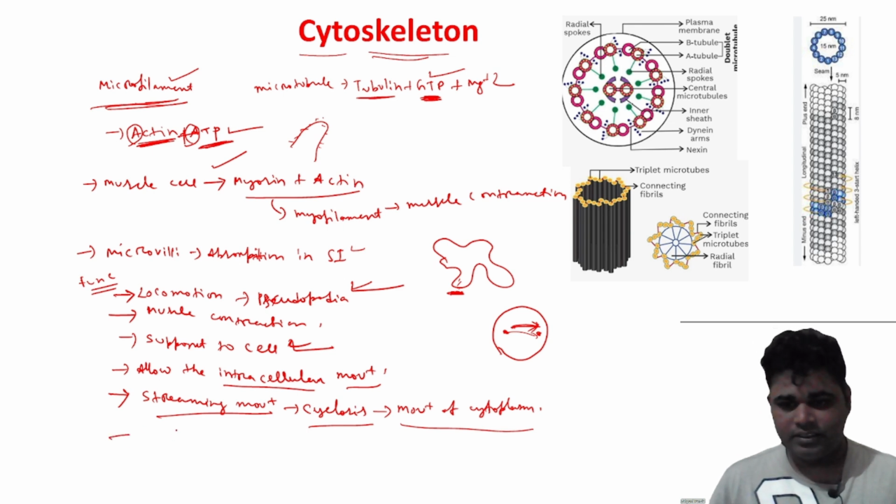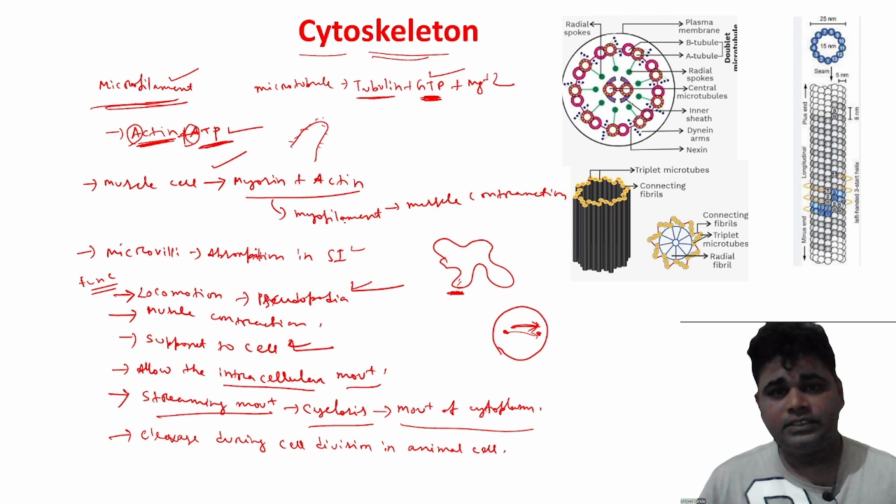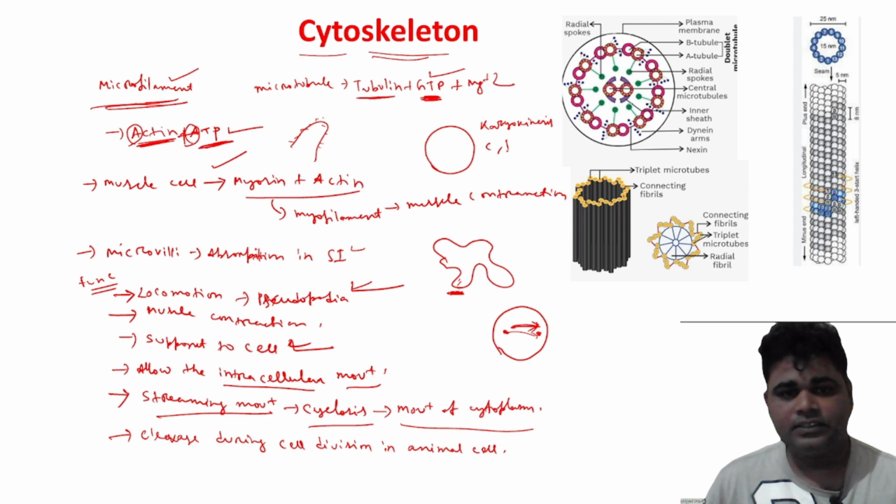And another is that it also helps in the cleavage during cell division in animal cell. So during the cell division, first the karyokinesis occurs, and another is the cytokinesis.